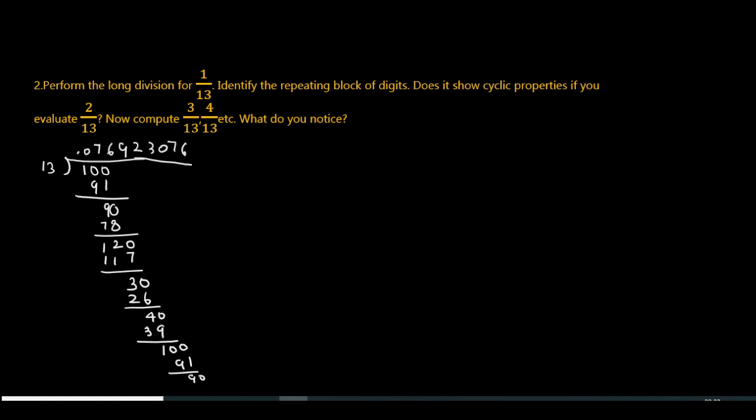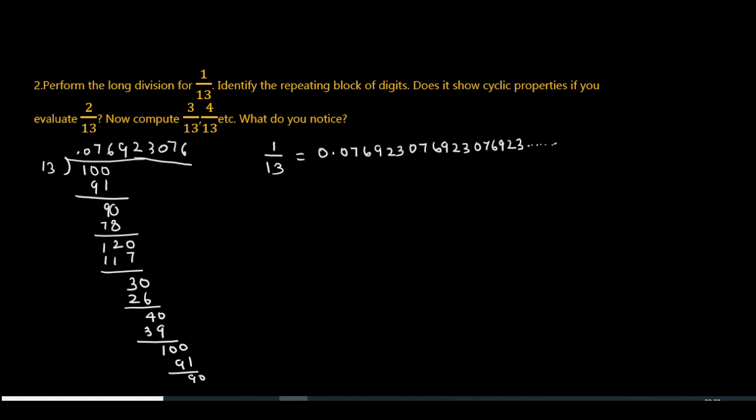So 1 by 13 has the decimal part 0.07692, 0.07692, 0.07692, etc. This is the decimal part of this number.